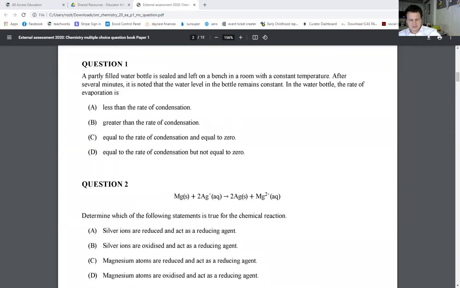Again, I'm going to do 60 seconds per question. Let me know in the chat if you think you know the answer. Yeah, this one is a deductive reasoning question more than chemistry knowledge.